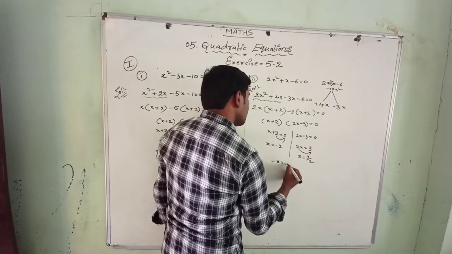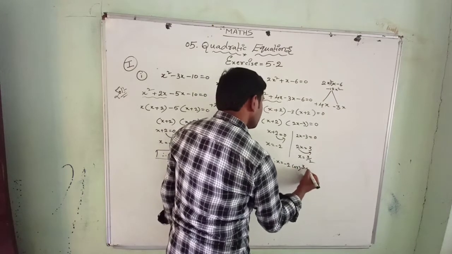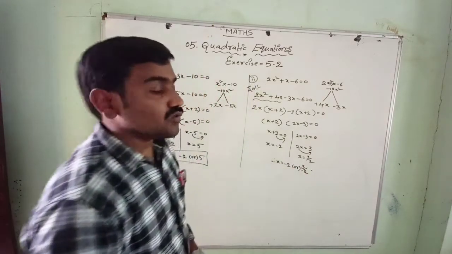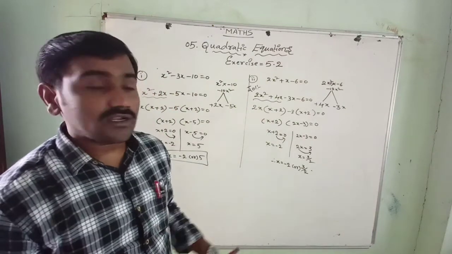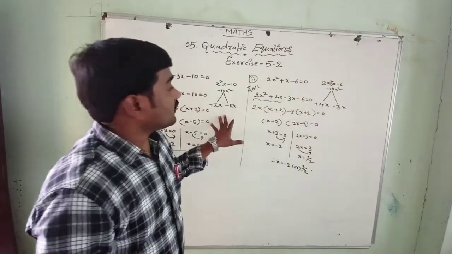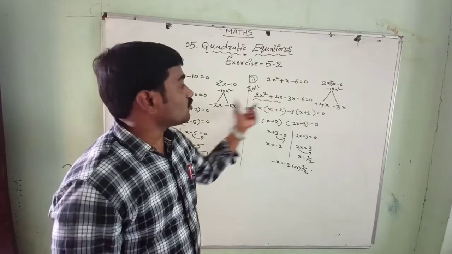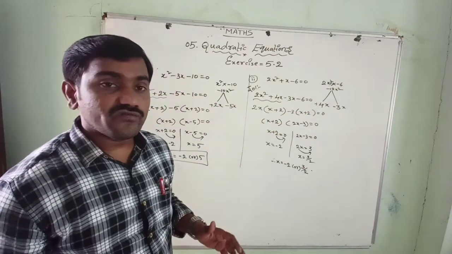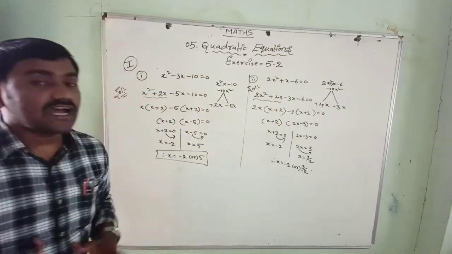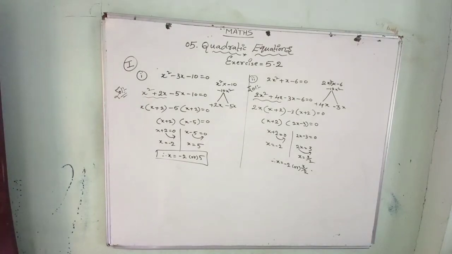Therefore x = −2 or 3/2. I hope you understood how to split this. For two or three problems I will again tell you clearly how to write, thereafter we will go for the splitting the middle term method directly. So observe how we are splitting the middle term by the factorization method.